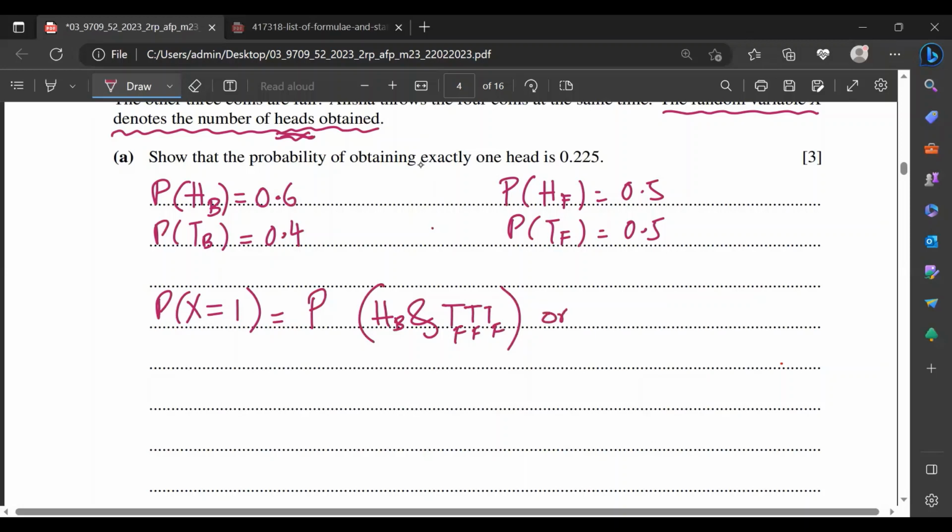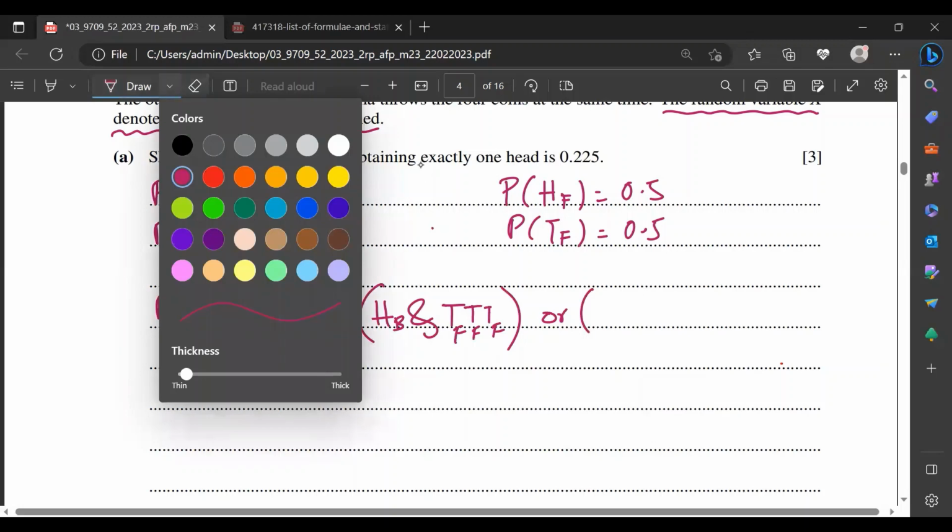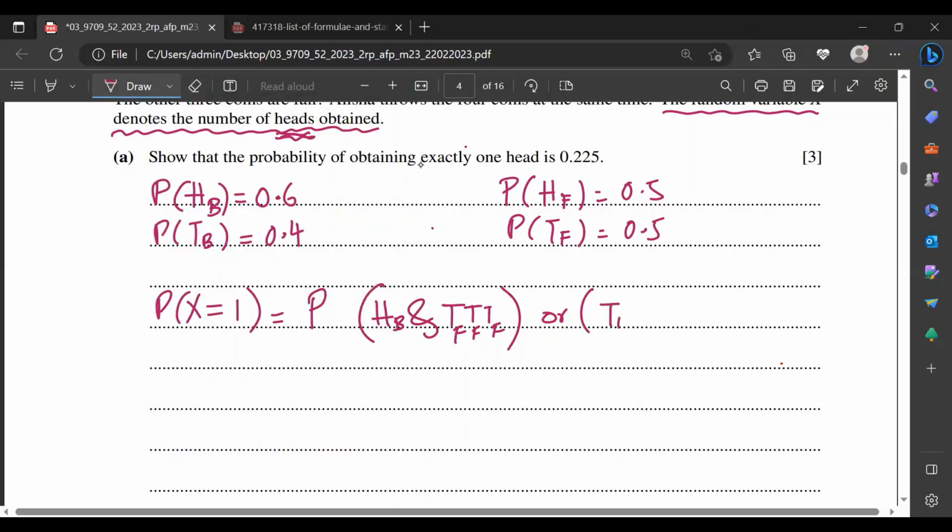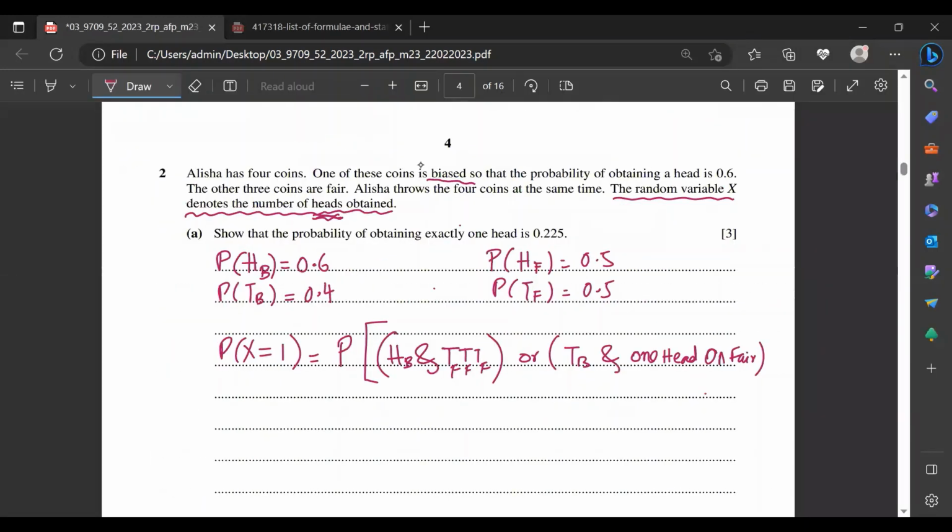Or the other possibility is a tail on the biased coin and one head on the fair coins.